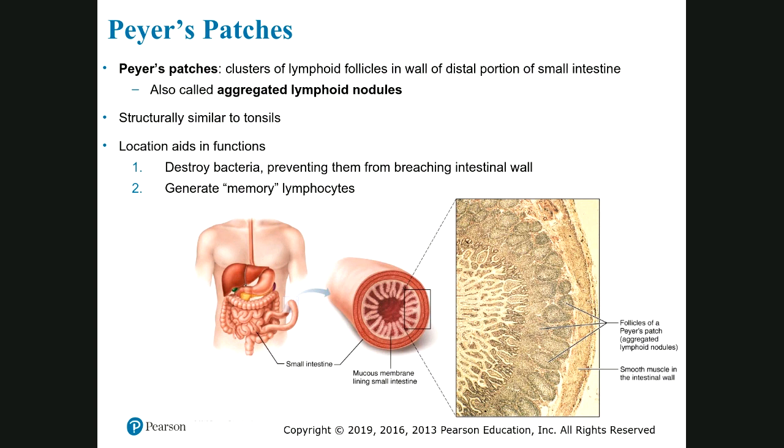You're going to see them a lot there in the intestinal wall. This is why there are clusters of them in the distal part of the intestine, because this is where digestion happens.